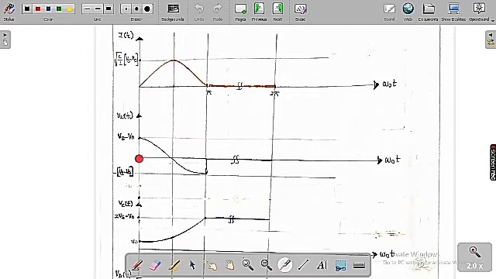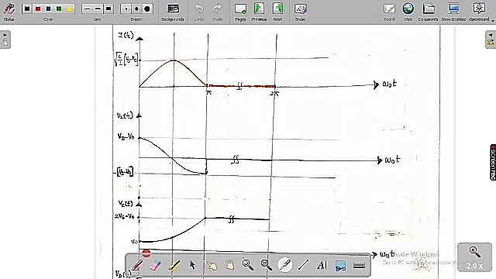If you substitute omega naught t equal to 0, we get Vs minus V naught; at omega t equal to pi by 2, we get 0; and at omega naught t equal to pi, we get the negative, minus of Vs minus V naught. This is how it looks in this region.